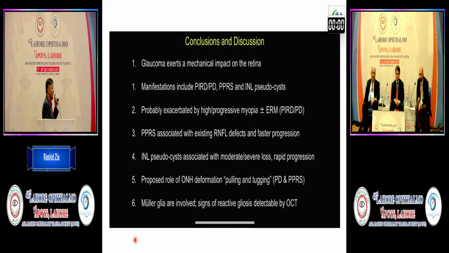Peripapillary retinoschisis is associated with fast progressive glaucoma, and inner nuclear layer cyst is associated with advanced glaucoma. But whenever you see hypodense holes, etc., then it's important to be more vigilant about glaucoma progression.